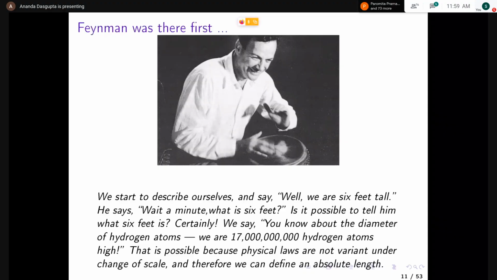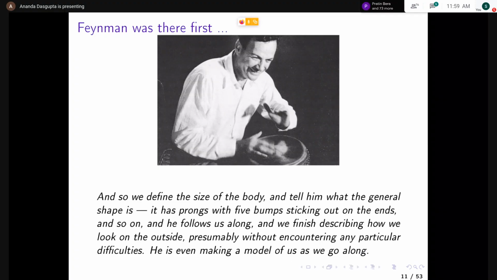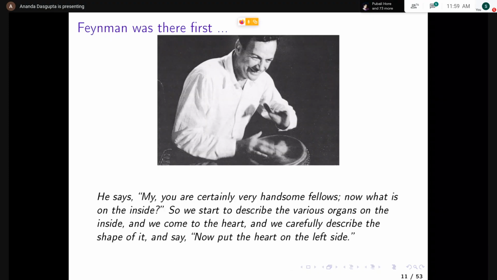I don't have to send him the hydrogen atom. He has hydrogen atoms, he should be able to detect or measure the diameter himself. And so we define the size of the body and tell him about the general shape, and so on. Well, he says, you're certainly very handsome fellows. Now what is on the inside?